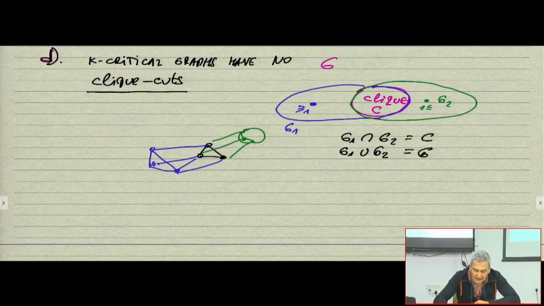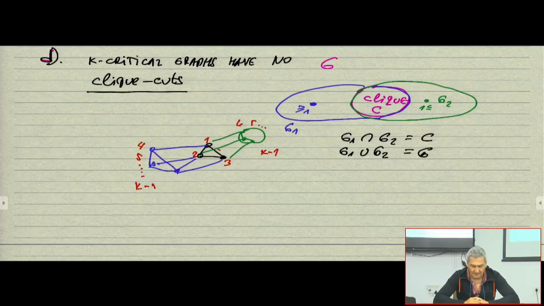Then I can color here 1, 2, 3, and here maybe I use 4, 5, and so on up to k-1. I will not need k colors because this is a smaller graph, I can use one color less. Similarly here, I will use 1, 2, 3, 4, 5, and so on up to k-1.